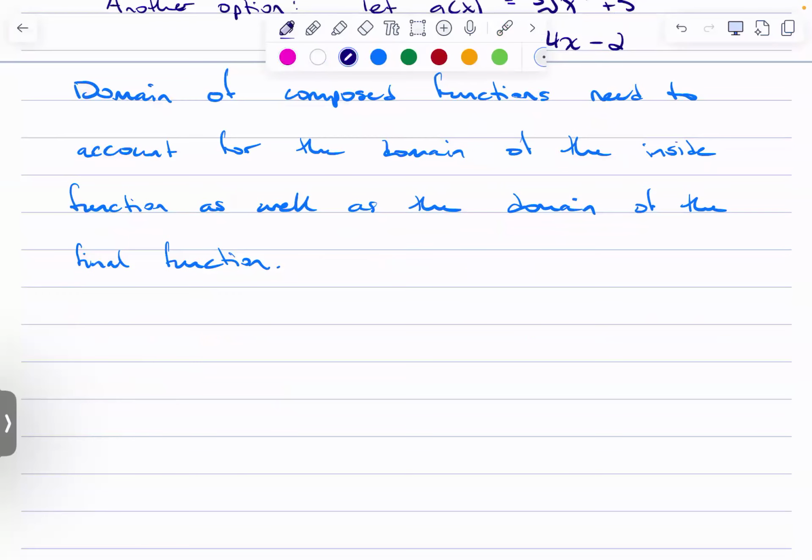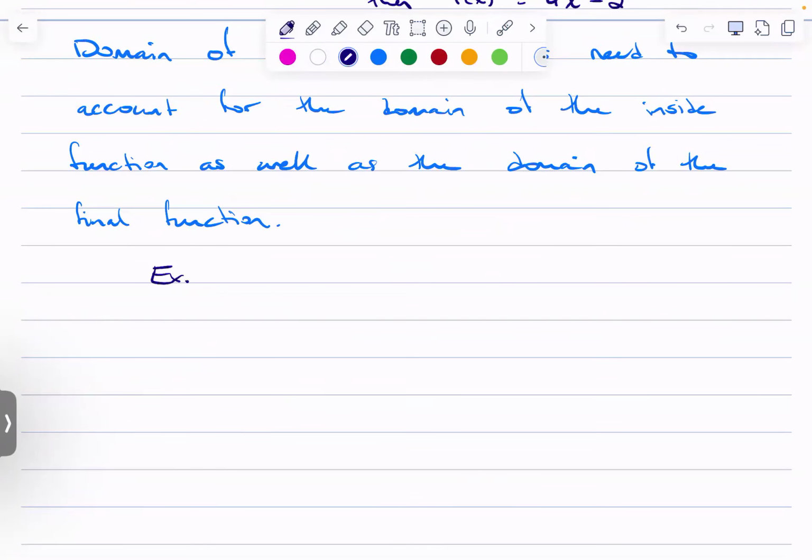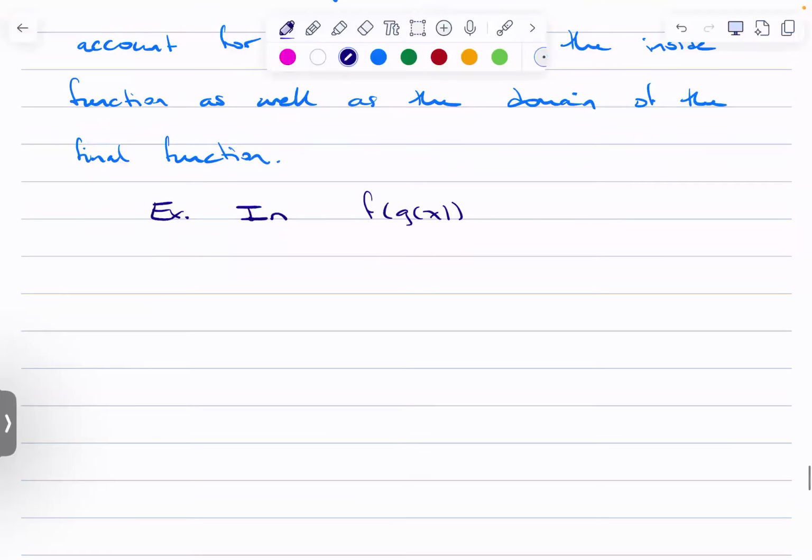And so as an example, in f of g of x, we first find the domain of g of x, and then we carry that through, right? You can't use illegal values into g of x, you'll get no output, right?